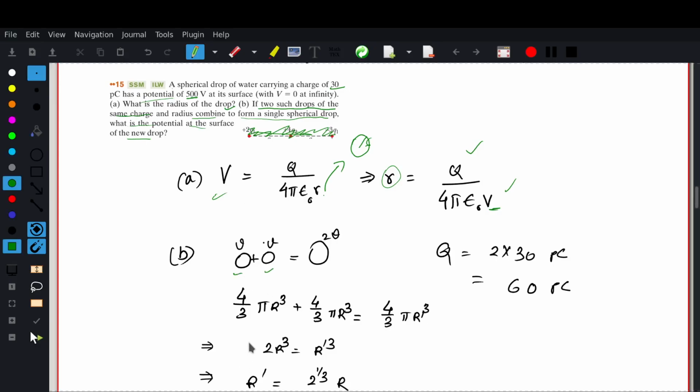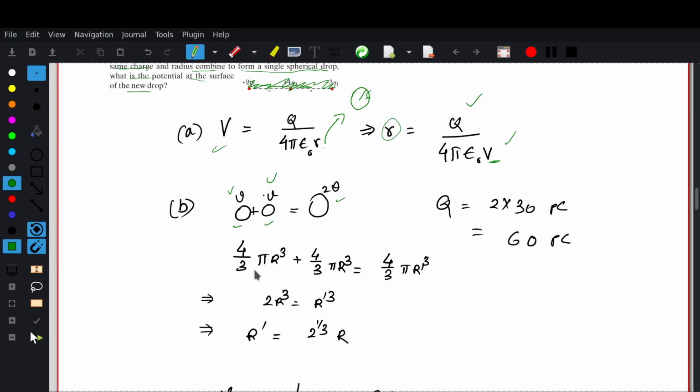First of all, we will have to determine the radius of the resultant drop. If we merge these two drops of the same volume, we get a drop which is twice the volume. From this kind of equation, we can find the radius of the new drop.